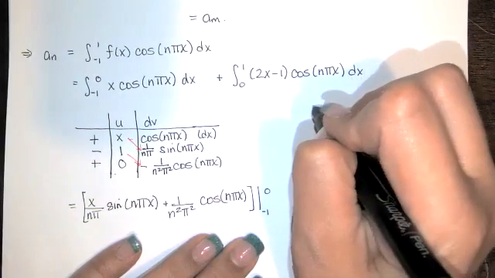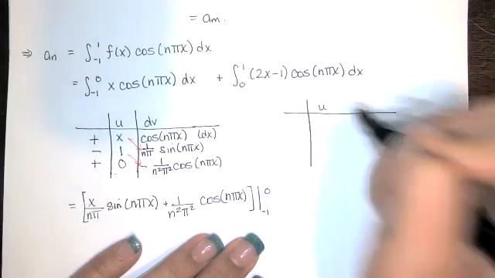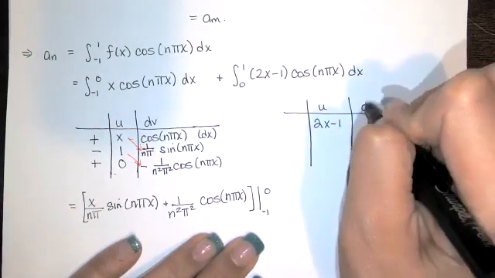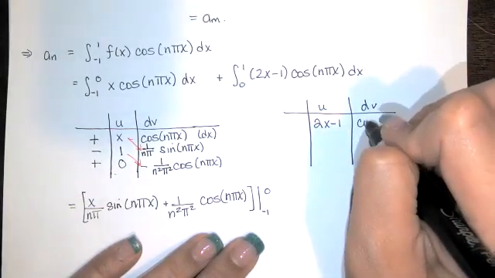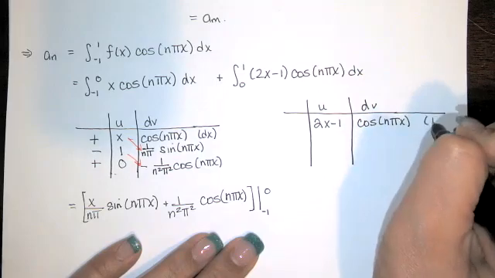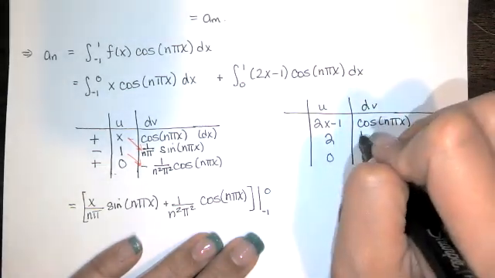We use tabular integration by parts over here as well. U goes in this column. dv goes in this column. Differentiate until you get 0.